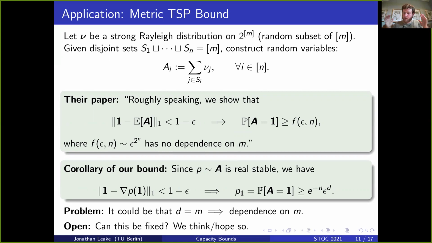But we think and hope that it will, because the result that we have in our context is tight in some way, and so we expect these techniques, if instead of doing things in our context and trying to transfer it, we transfer the techniques to their context, we hope that this can be fixed and that the improvement can be made using these techniques, but it's unclear. Okay, so those are the two main applications that we have for this bound.